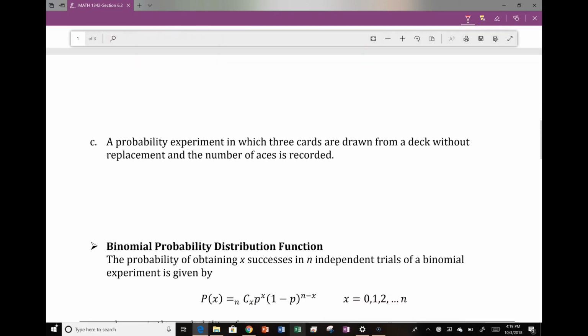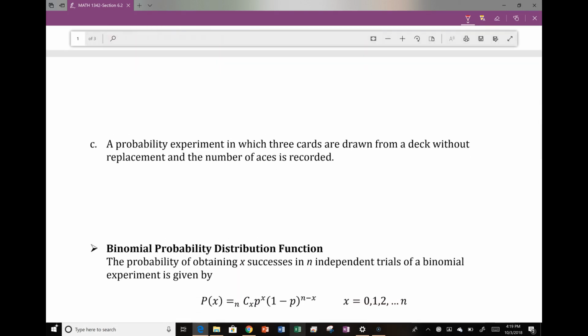Now let's look at part C and see what's going on here. A probability experiment in which 3 cards are drawn from a deck without replacement, and the number of aces is recorded. Recall that whenever we have without replacement, our probabilities are not the same.